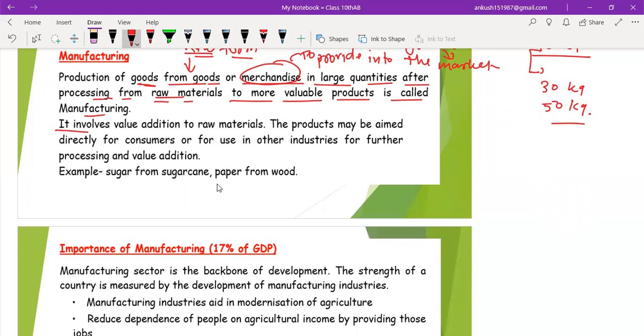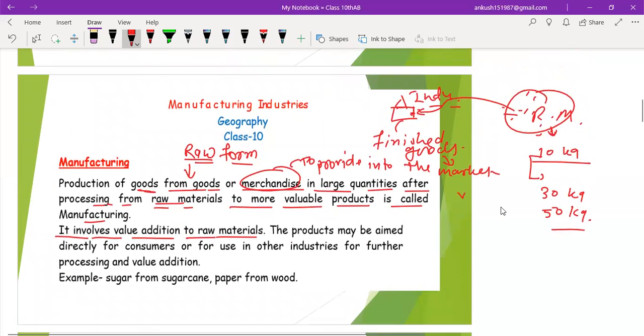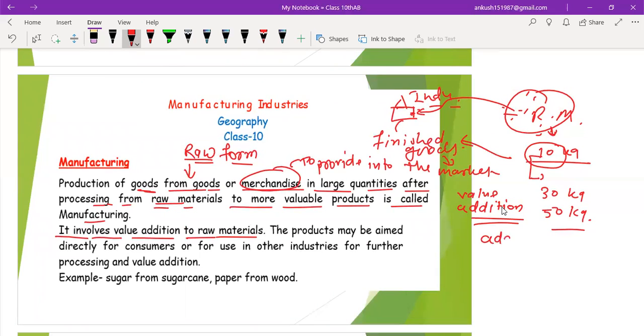Now this manufacturing actually involves value addition to raw materials. I just told you, it is called value addition. Value addition means that some raw material costing 10 rupees would be transformed into a finished good, adding additional costs to it.